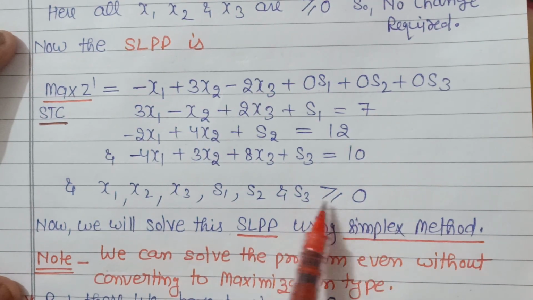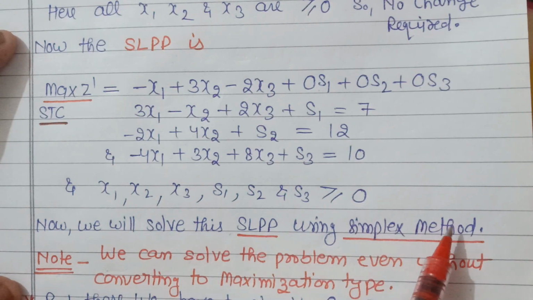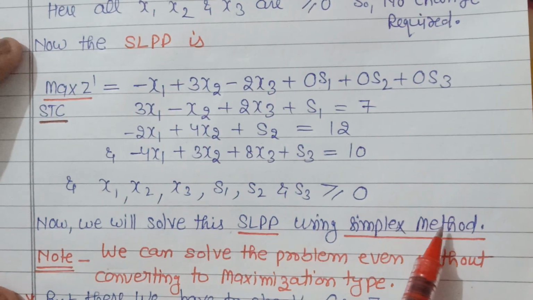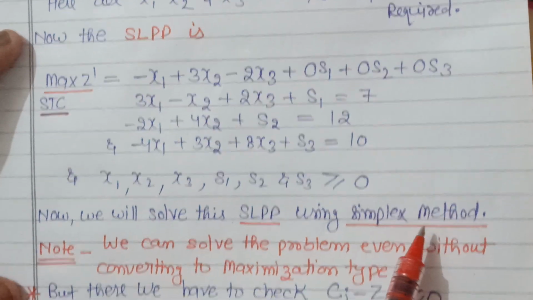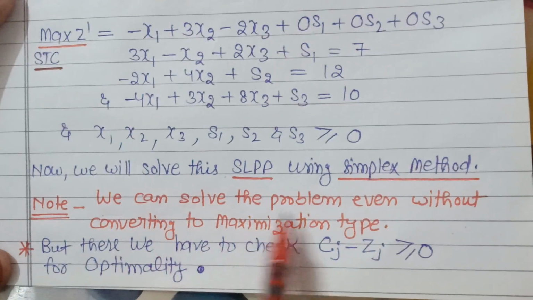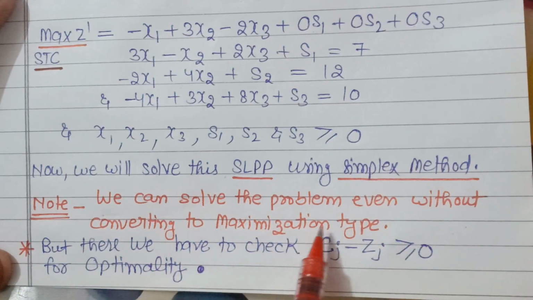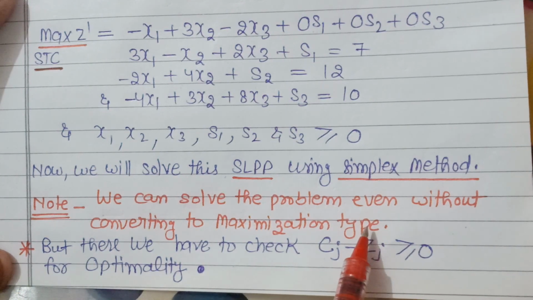Now we will solve this LPP using the simplex method. There is a point you have to remember: we can solve this given problem without converting to the maximization type, but for that we have to check that Cj minus Zj should be greater than or equal to 0 for the optimality check.